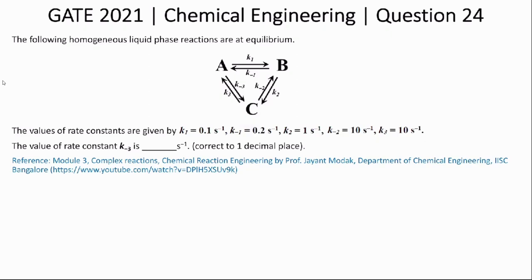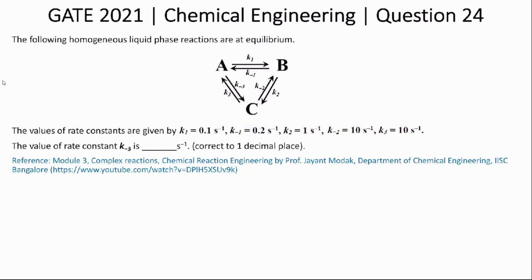You can say this is a cyclic reaction network. So A reversibly gives B, reversibly gives C. So far in the slides we looked at one directional reactions, like it is either A gives B or A gives B plus C and so on. So here it is a reversible reaction.